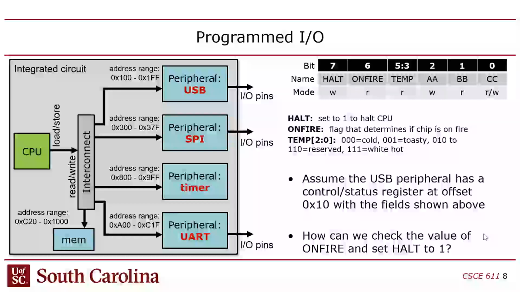So in order to set a bit in a field, you have to first read the old value of the register, then somehow figure out how to force that 1 bit in that value to be 1, and then store it back. All right? You guys with me? Likewise, if I want to read the temperature of the processor, I have to read that register and then isolate those 3 bits, 5, 4, and 3.